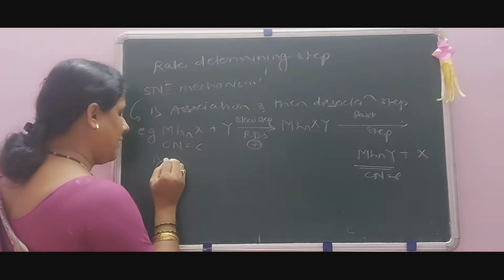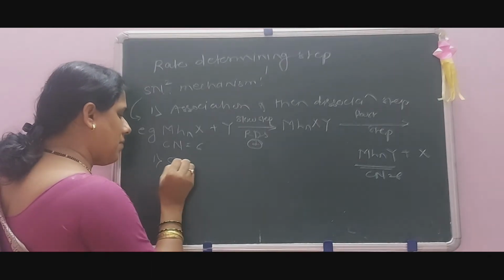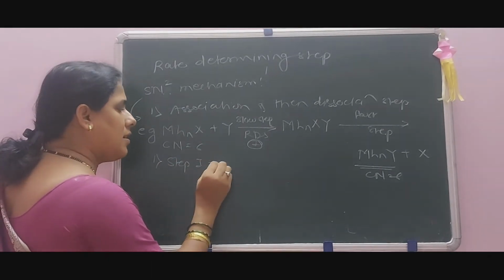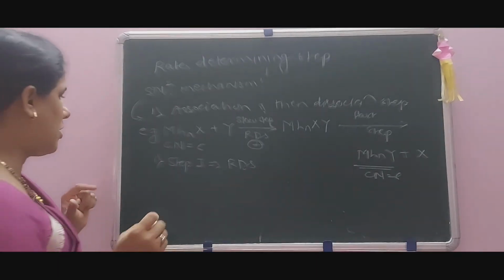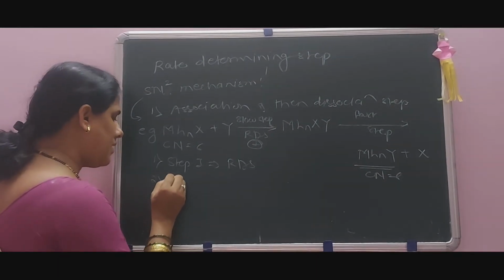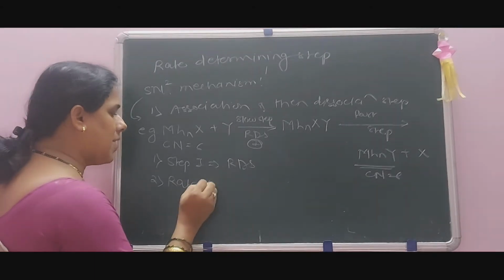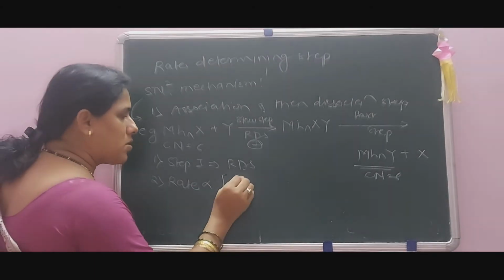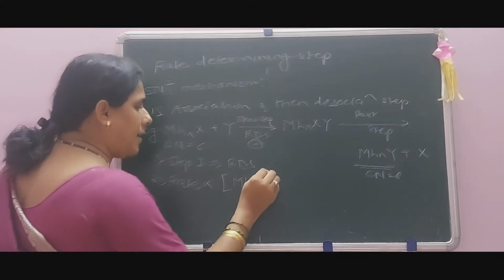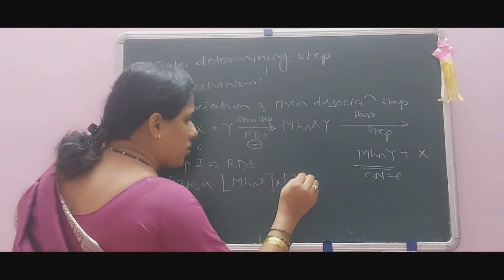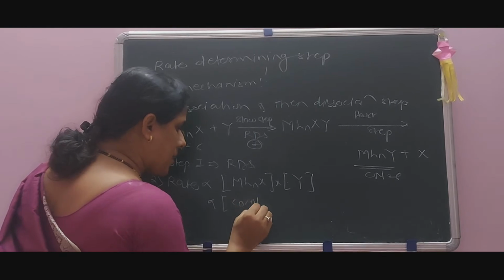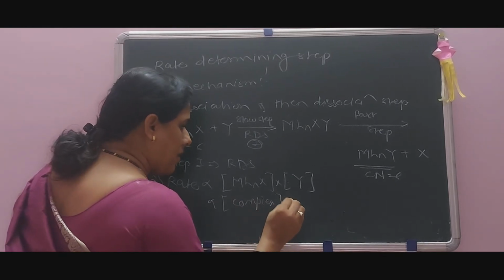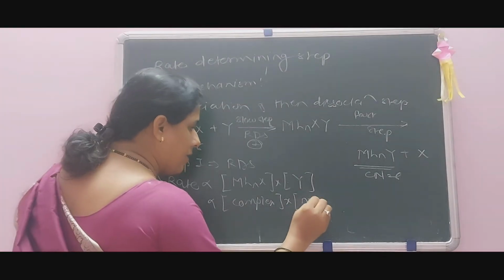Step 1 is the RDS, and the rate of the reaction is directly proportional to the concentration of M ln X into the concentration of Y, that is, the complex into the nucleophile.